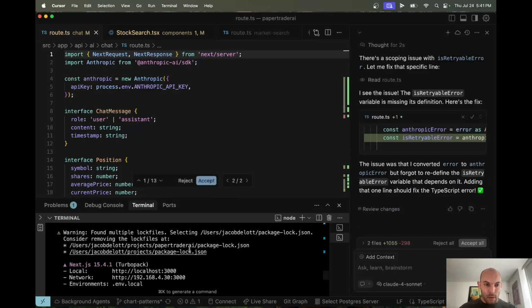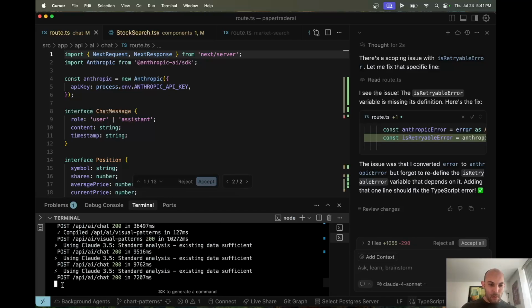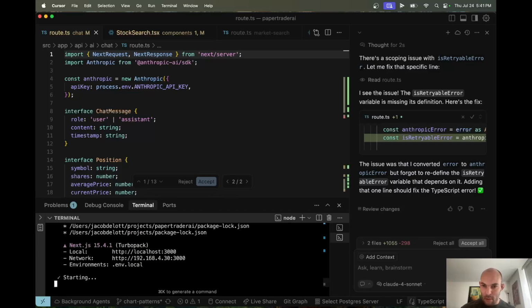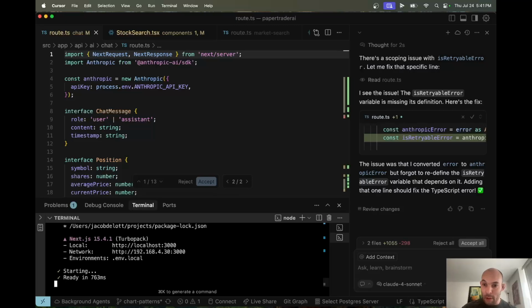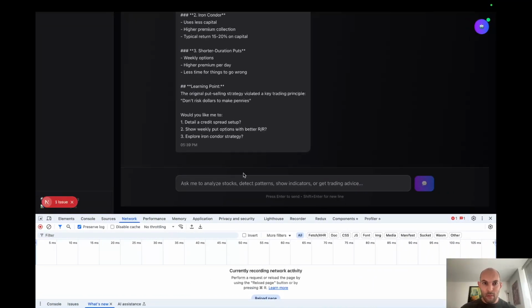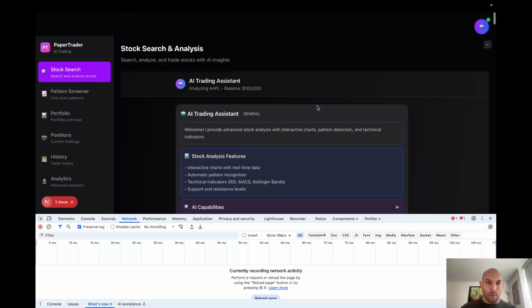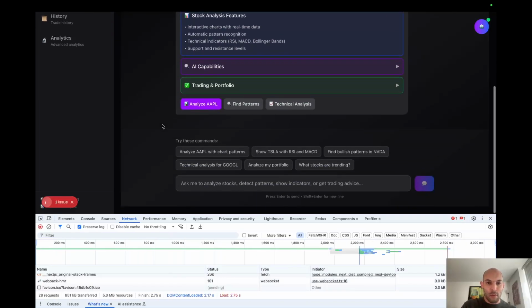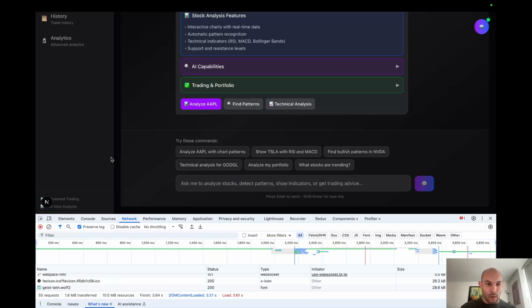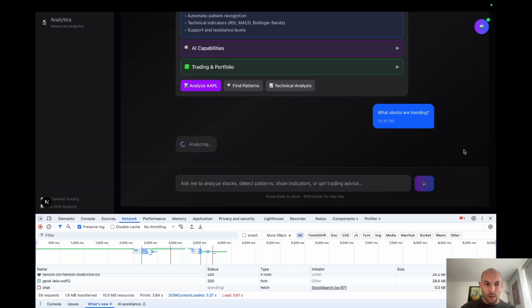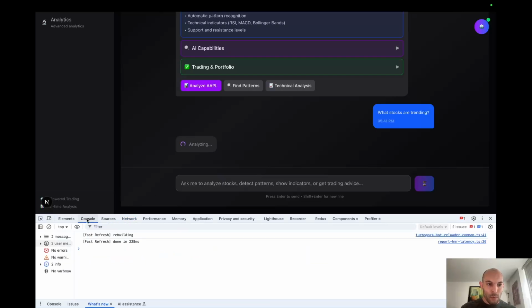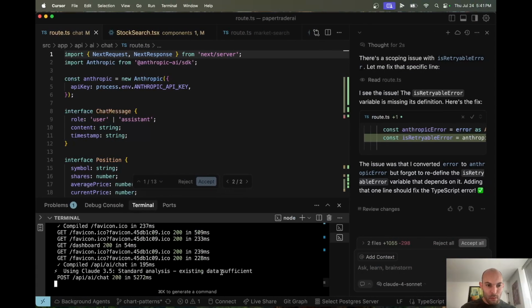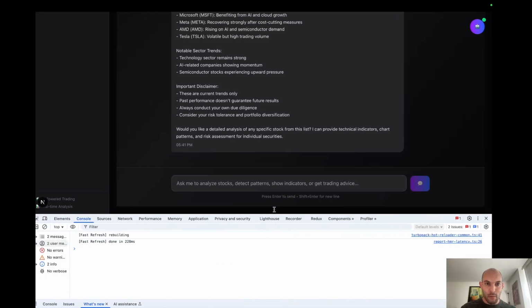Okay, let's test this some more. At this point, I just really want to make sure we don't really break stuff hardcore. So, okay, let's see if we can get this thing to actually search the web. It's using Claude 3.5. Well, that's not what I want.